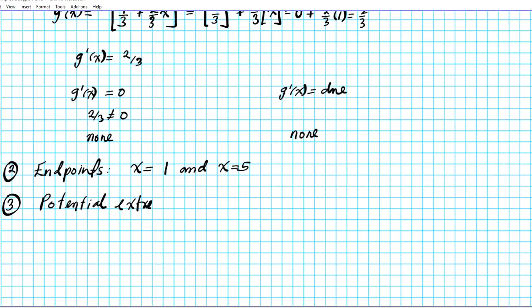How do you find the potential extrema? The potential extrema are basically the combination of your critical values and your endpoints. Since there are no critical values in this problem, the endpoints will be the potential extrema. So the potential extrema are going to be x equals 1 and x equals 5.